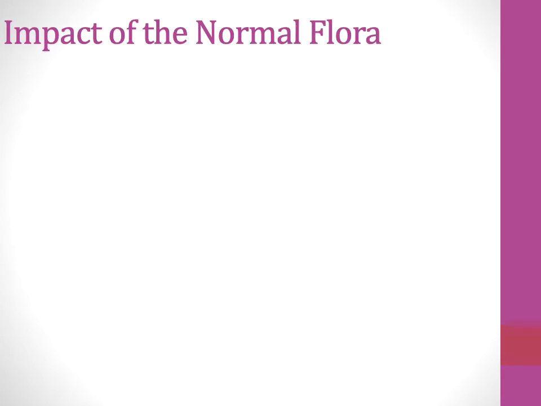So when we look at normal flora, it can have several different impacts on us as the host, humans. I think of 3 impacts of normal flora. The first impact is that it takes up space. It actually prevents pathogens from attaching because it's there.